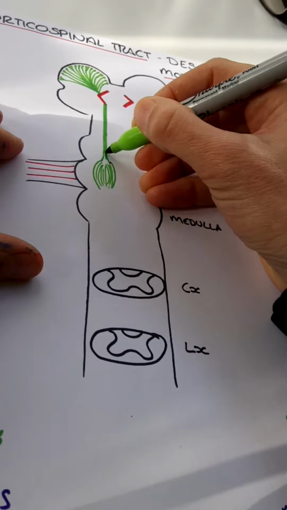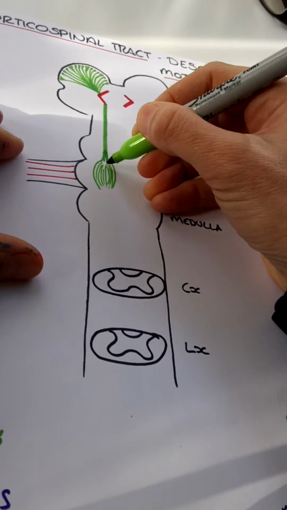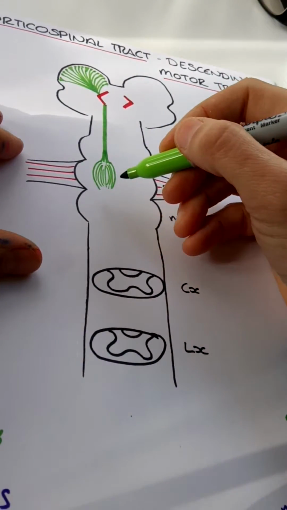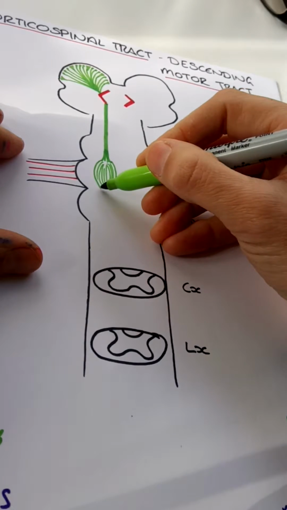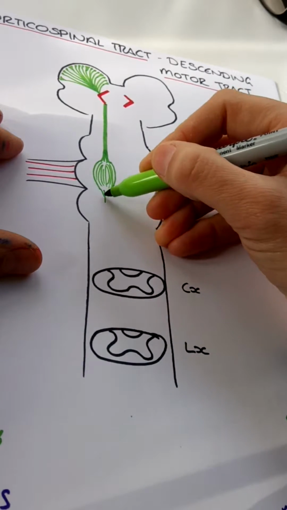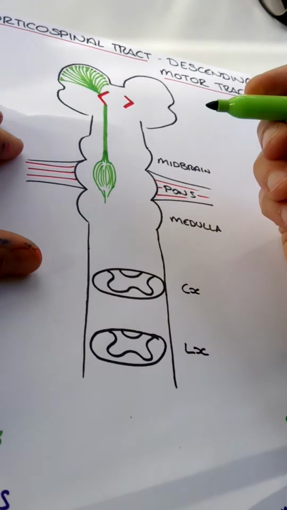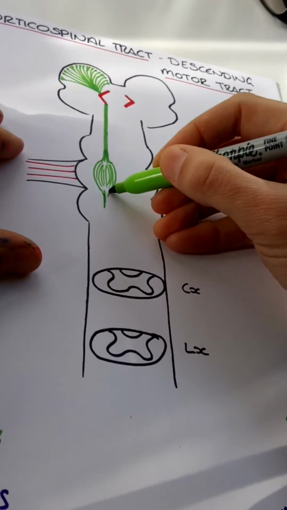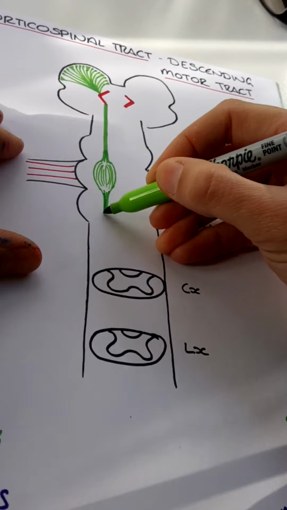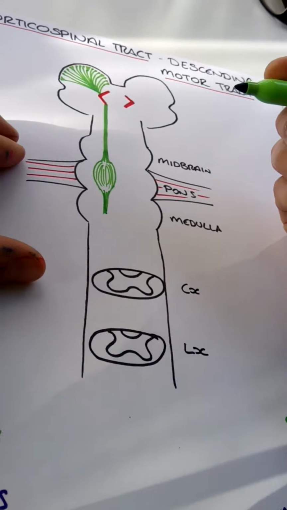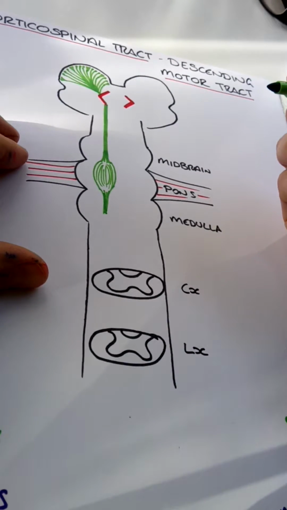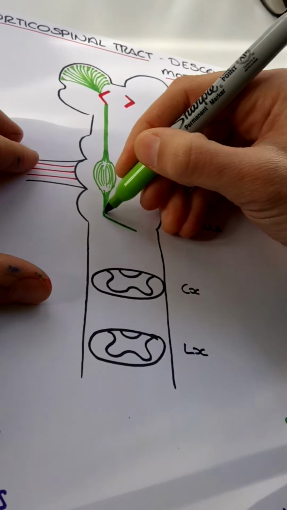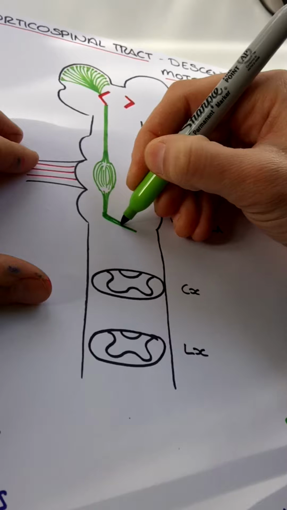They spread out when they get to the pons, and then they bundle back up again in the medulla. In the lower part of the medulla, they decussate. So they cross over to the other side.